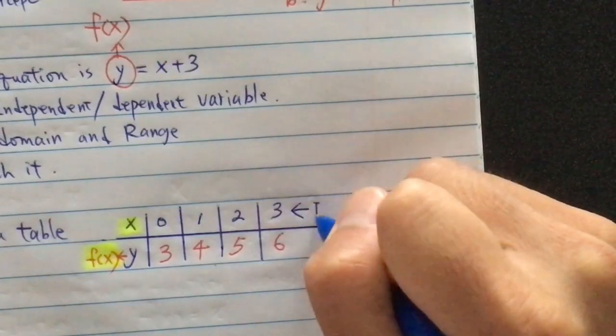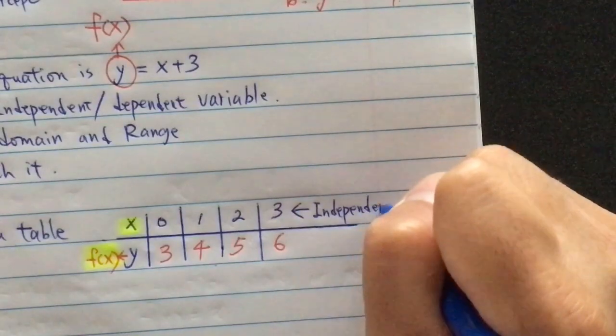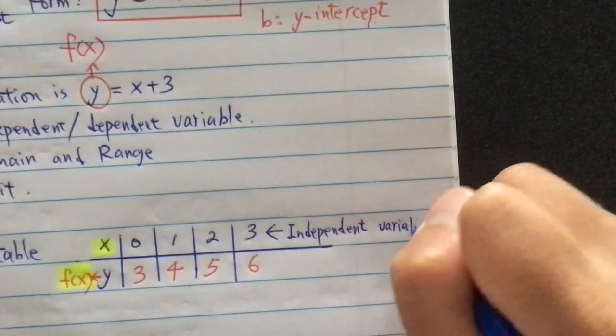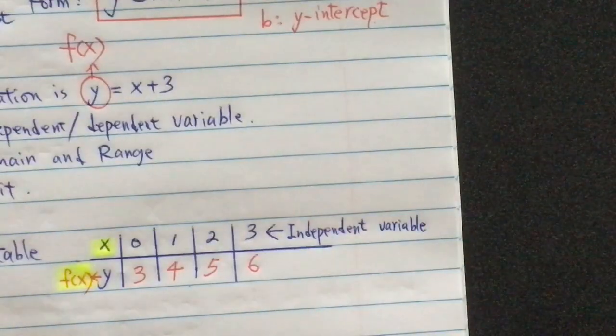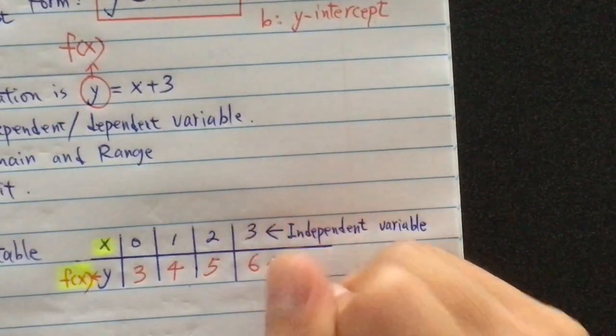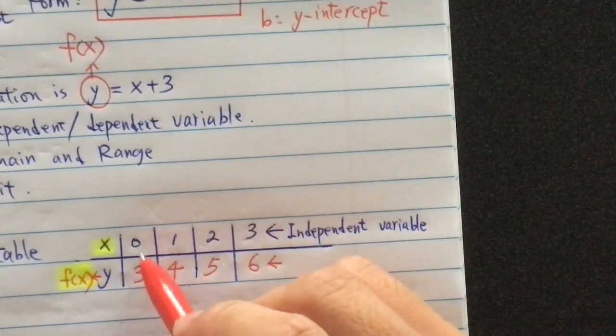This is called the independent variable, because it doesn't depend on anything. But as you see, f of x always depends on the value of x.